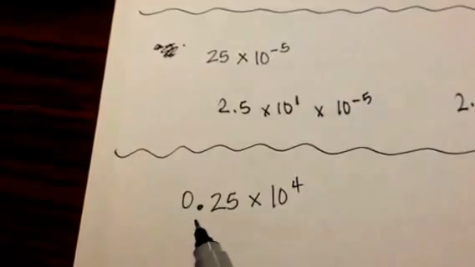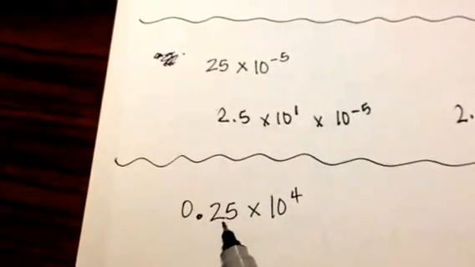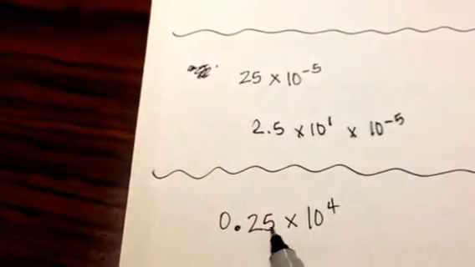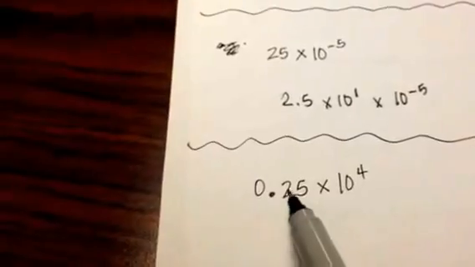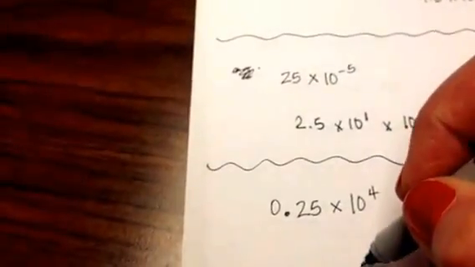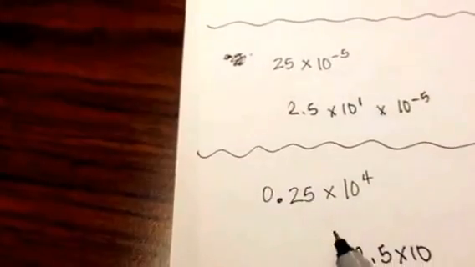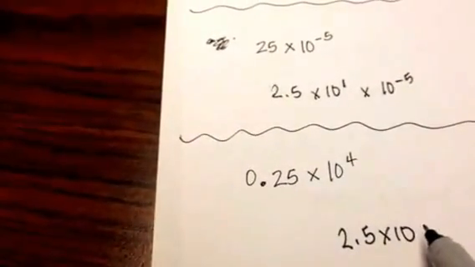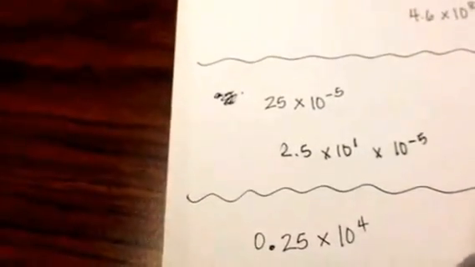And now look, they're trying to trick us by having a decimal place, but it's in the wrong spot. So we need it to go this way. So to write this in proper scientific notation, we're going to put 2.5 times 10. Where do I need this decimal to go? I need it to go to the left. So it's going to be a positive or negative 1? A negative 1.